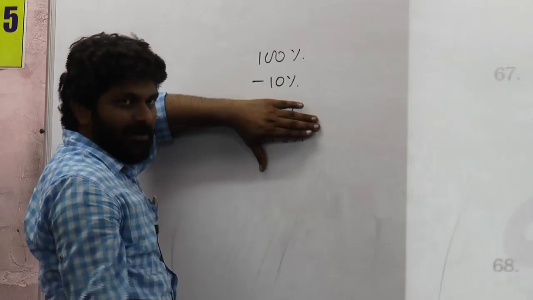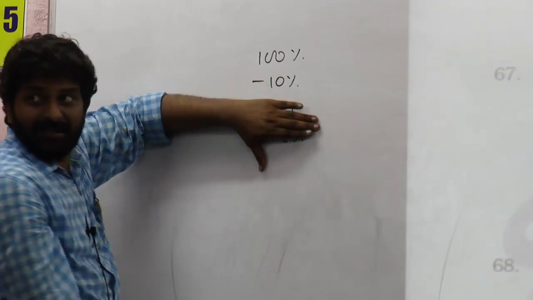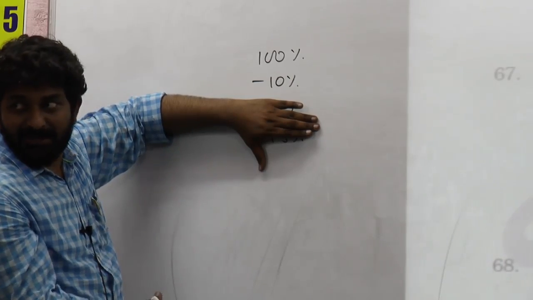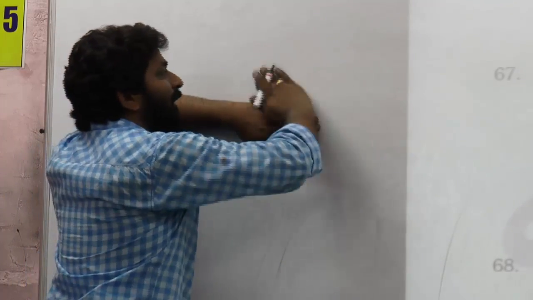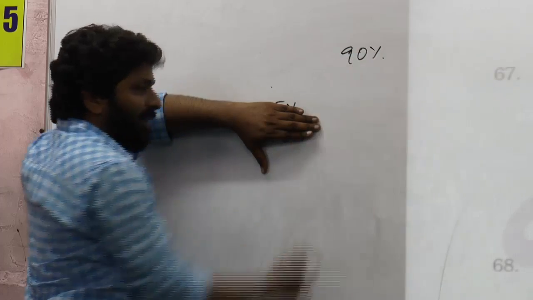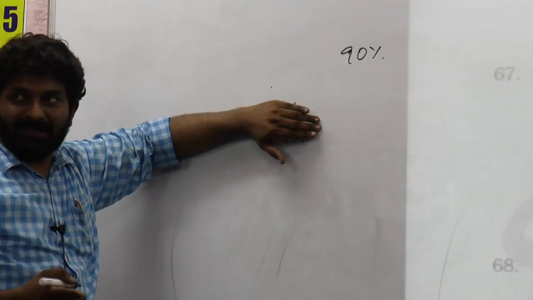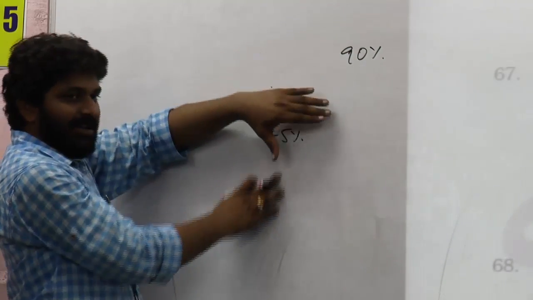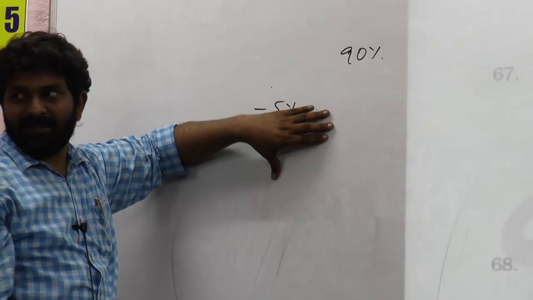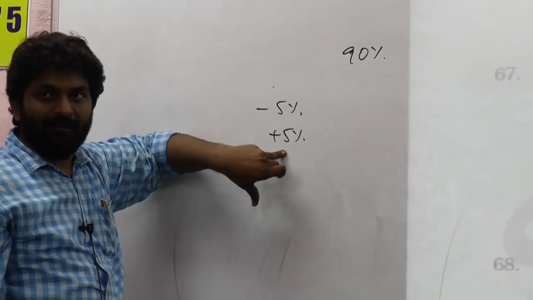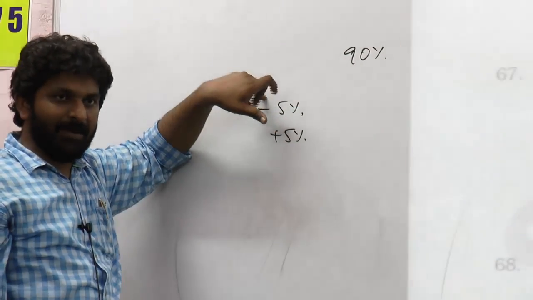Initial market price 100%. Now it becomes 90% because its value reduces by 10%. So out of 90, you are increasing its value by some percentage and decreasing the same percentage. Increase it by 5%, decrease it by 5%.